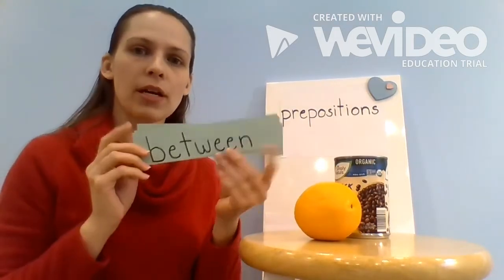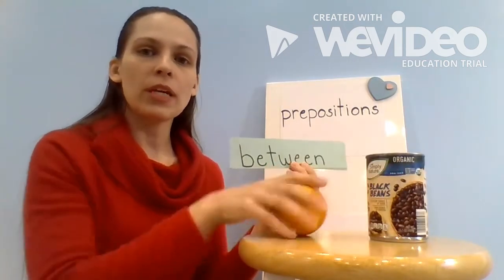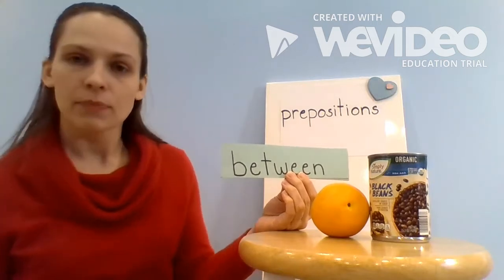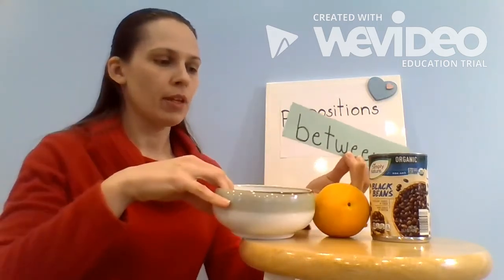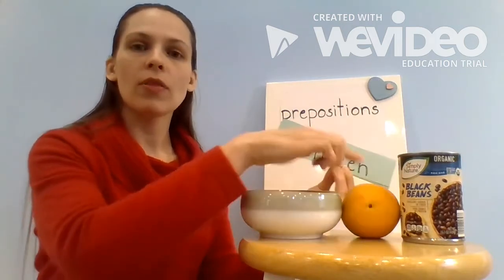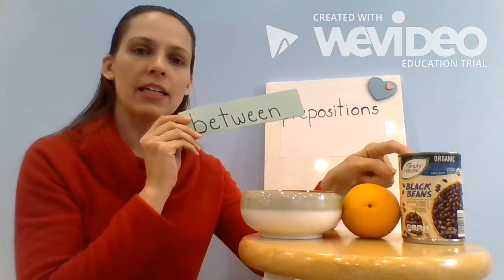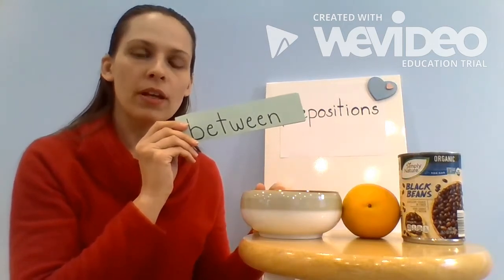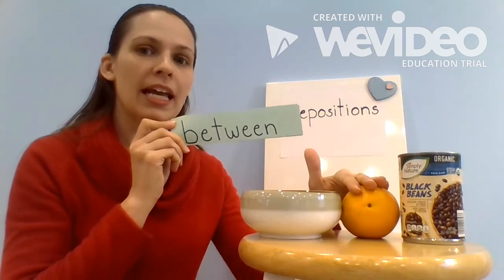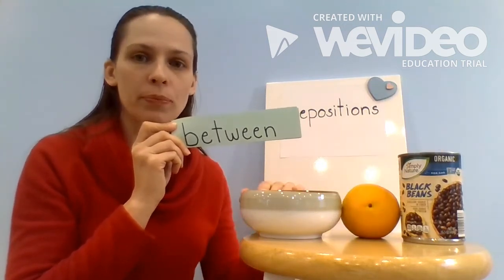Let's do this one. Between. For between, we need to have more things. So I'm going to get the bowl, and I'm going to put the bowl here. Now, the orange is between the can and the bowl. So still we say orange first. Okay, the orange is between the can and the bowl.